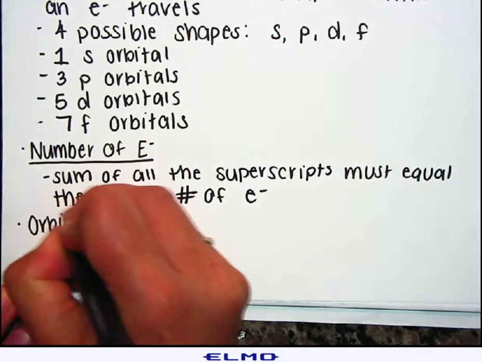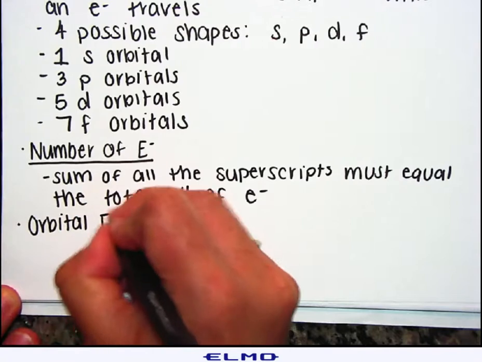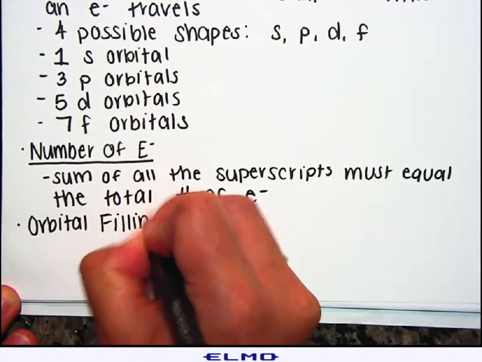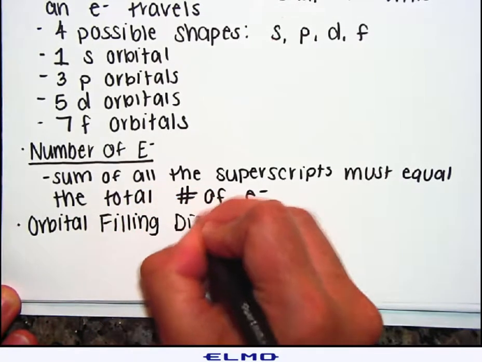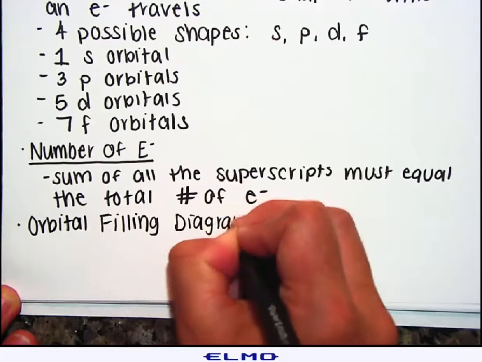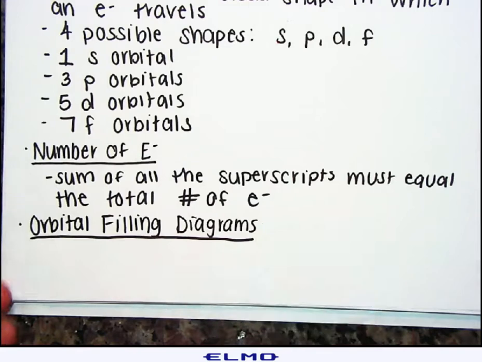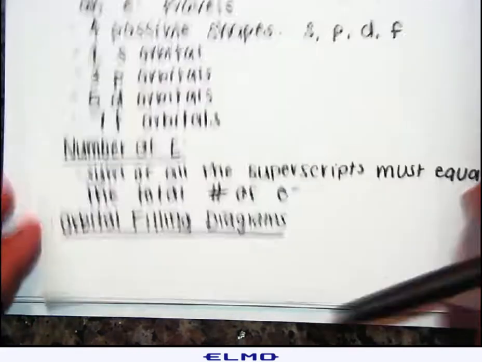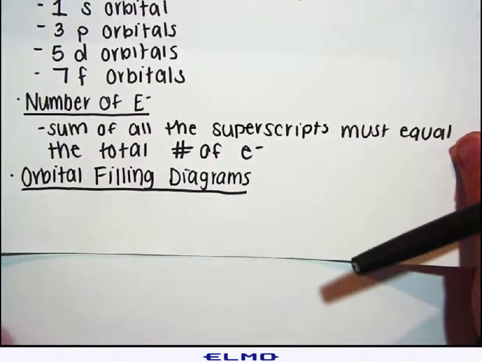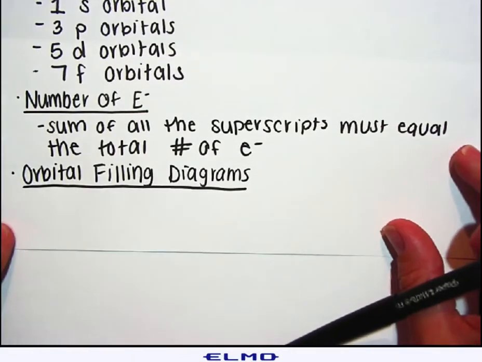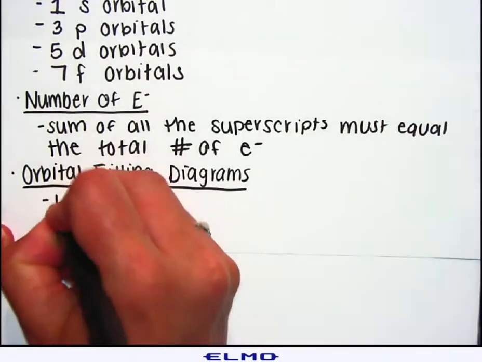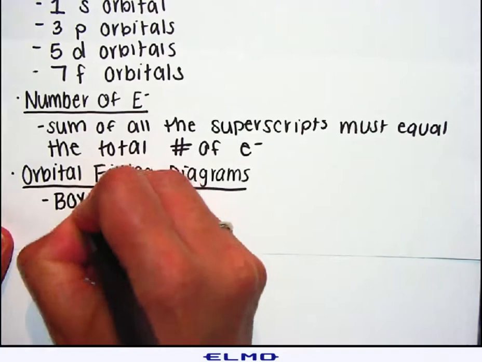Today we're also going to start looking at orbital filling diagrams. This is just a depiction that represents our electron configurations. You might see boxes.